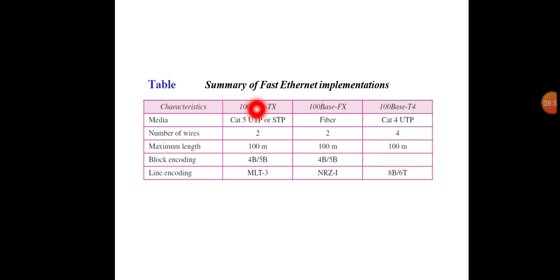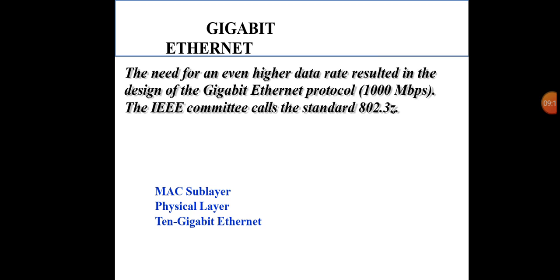The maximum length for this one is 100 meters, and this also 100 meters. In block encoding, 100Base-TX has 4B/5B, 100Base-FX has 4B/5B, and this one is nil. For line encoding, it has MLT-3, NRZ-I for 100Base-FX, and 8B6T for 100Base-T4.